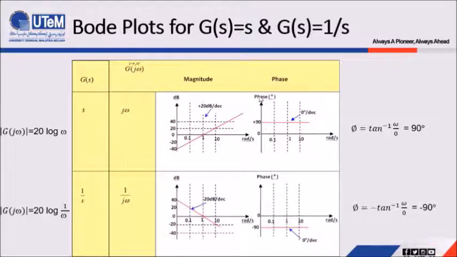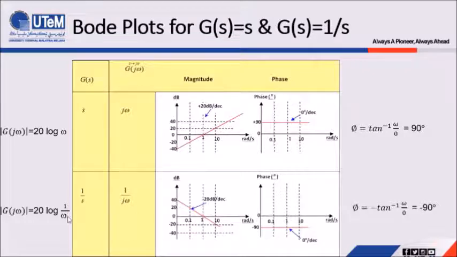The plot for this phase starts at positive 90 degrees. Next, for the system with G(s) equal to 1 over s, same, we just change this s to j omega. From here, we find the magnitude for this system becomes 20 log 1 over omega. 1 over omega means omega to the power of negative 1.